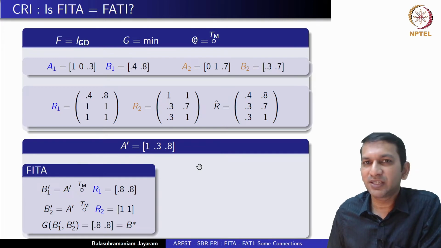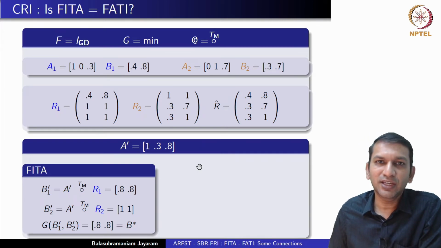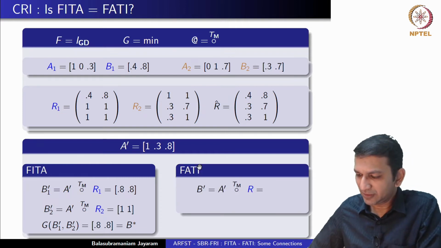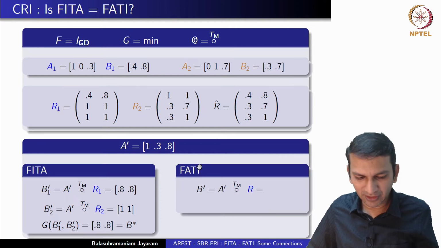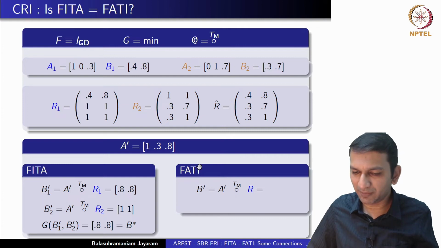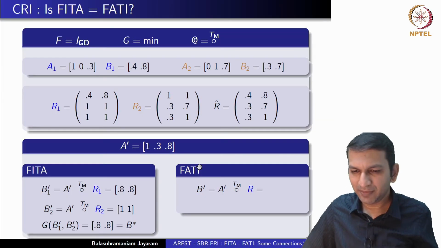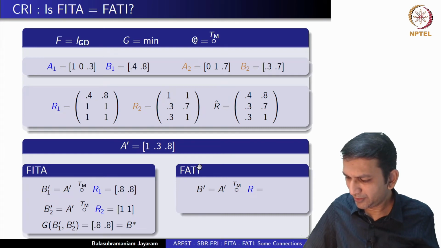Right now we are not discussing interpolativity because A dash is not one of the antecedents. So let's apply the theta inference. For that, we have the combined R, which is the R cap here. So we have 1, 0.3, 0.8 sup min R cap, which is 0.4, 0.8, 0.3, 0.7, 0.3 and 1.